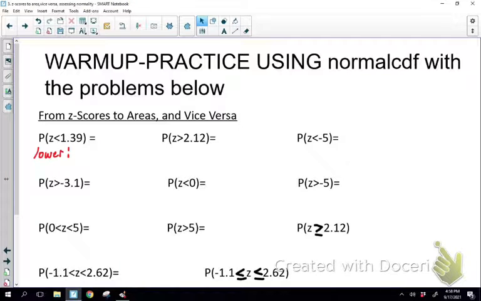So let's just use a tiny number. So negative 999. And then upper is 139. And you should get 0.9177. So hit pause and try and do these on your own.